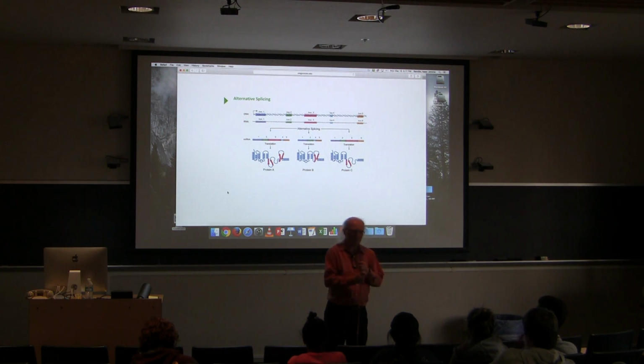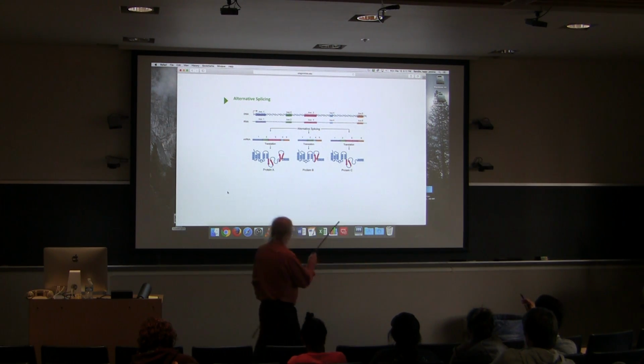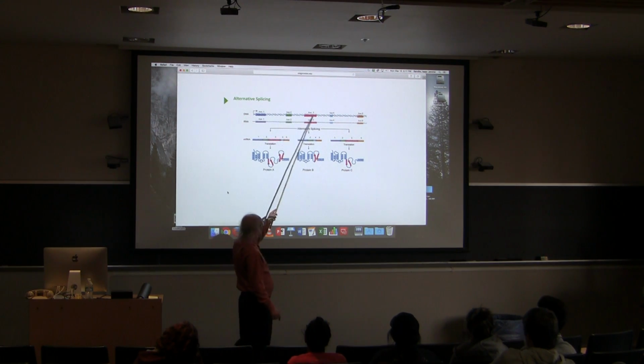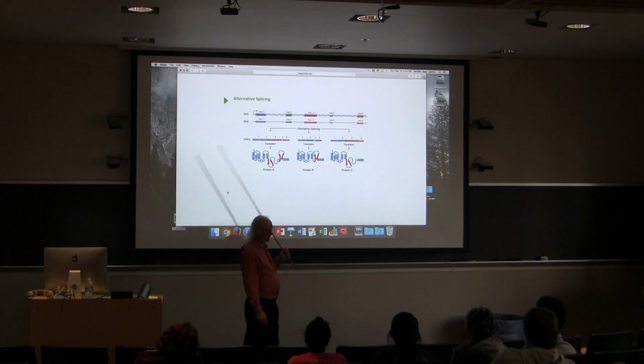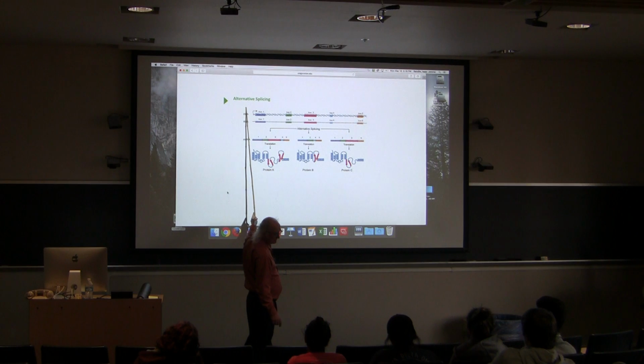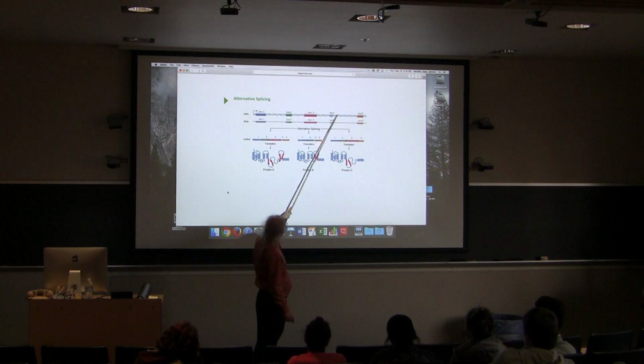Does that make sense? So you said in alternative splicing, the blue couldn't go before the red, but for exon shuffling over evolutionary time, you could have any kind of movement. That's correct. But you would never see exon 3 appear before exon 1 in real time, because the order is going to go this, this, this, this, this.